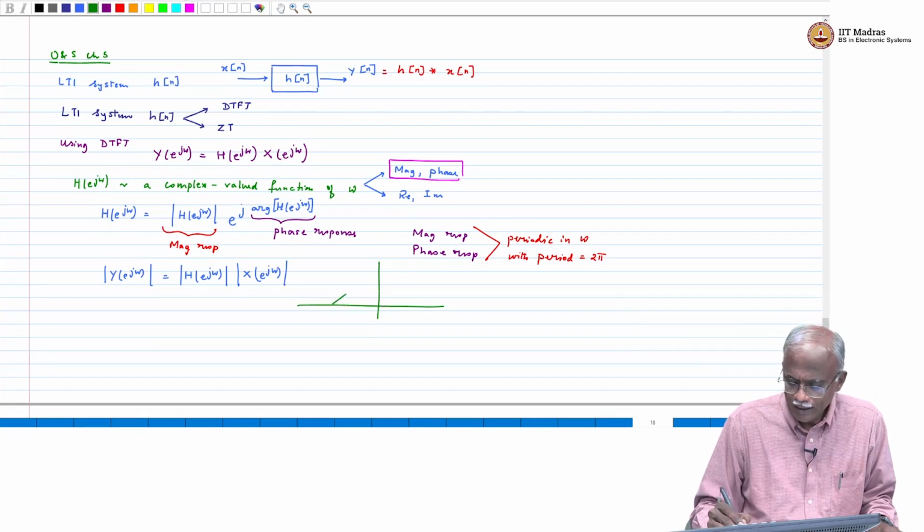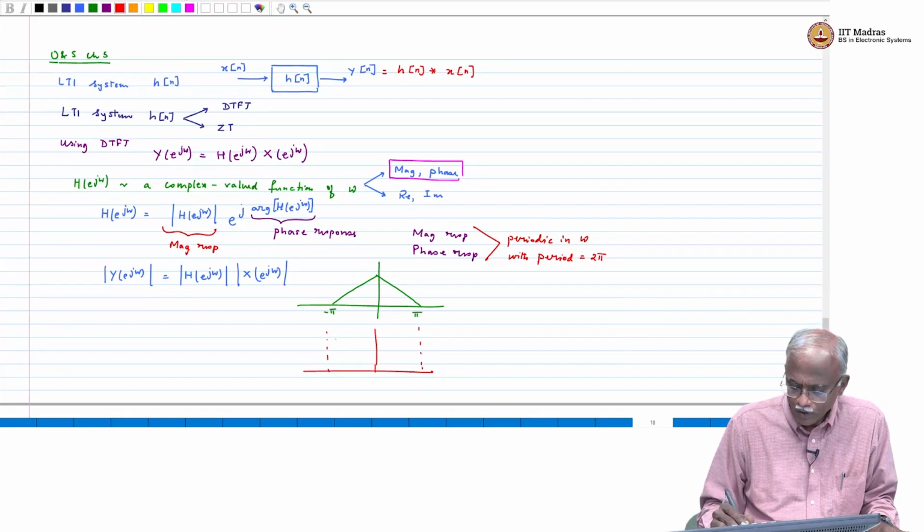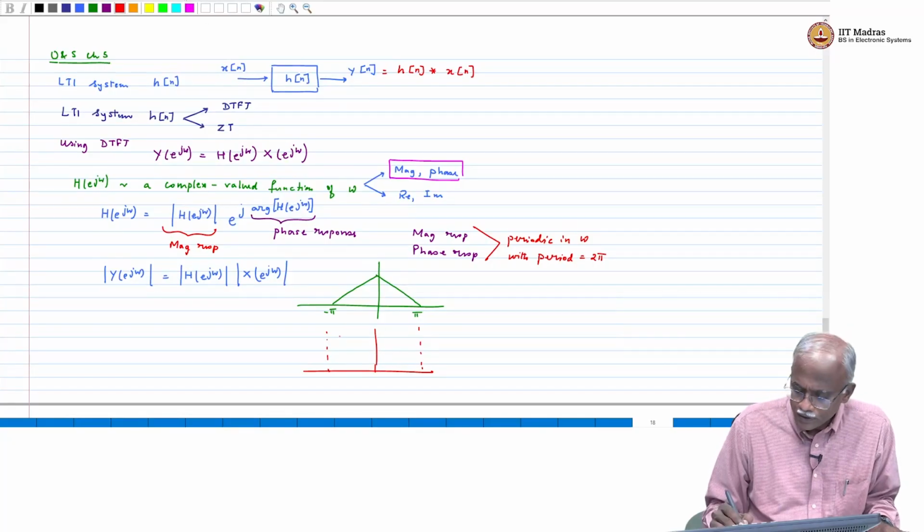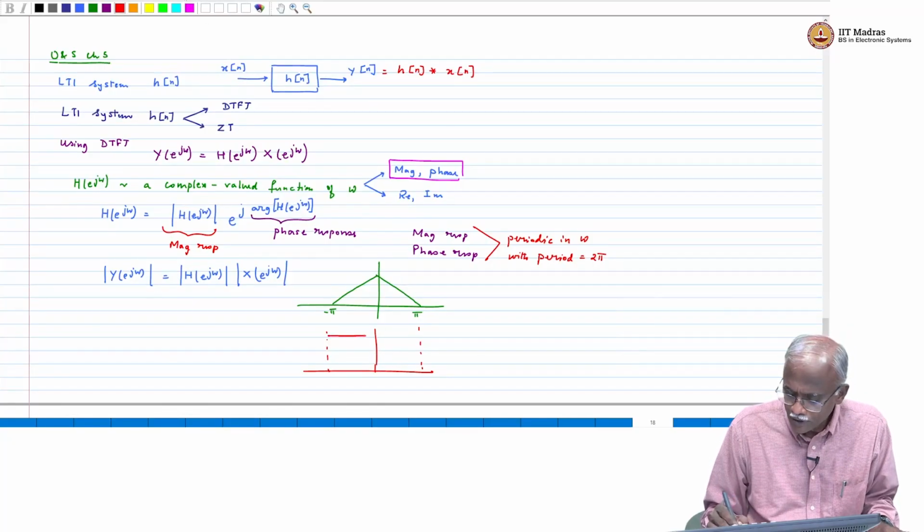Supposing I have an input signal which is given from minus pi to pi, and I pass it through an LTI system that has a magnitude response, let us say from minus pi to pi, I'm sketching. It has a flat response in this portion, and then drops down to 0 and then comes up.